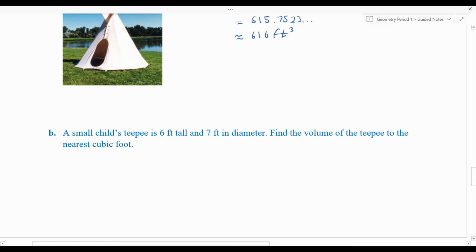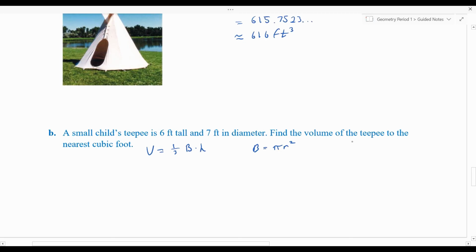Okay, so the formula has not changed. Volume equals 1/3 the area of the base times height. So we take the base to the side, and we know that the base is a circle, so it is pi r squared.